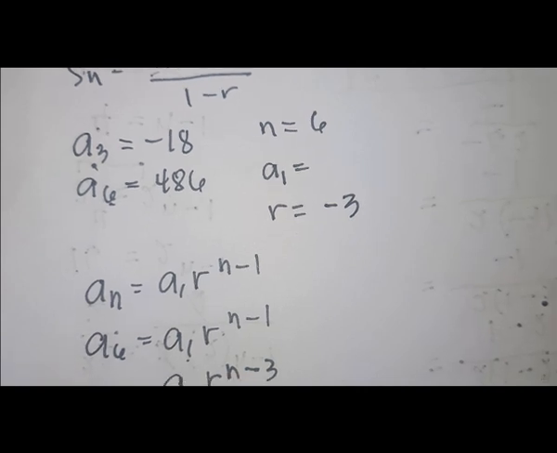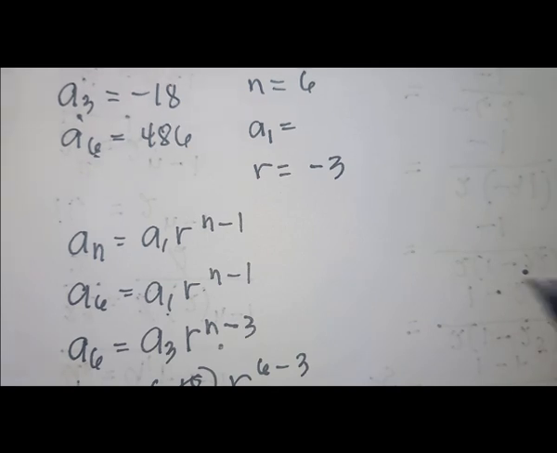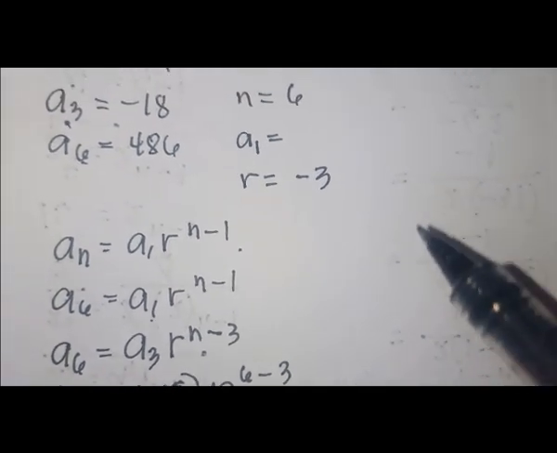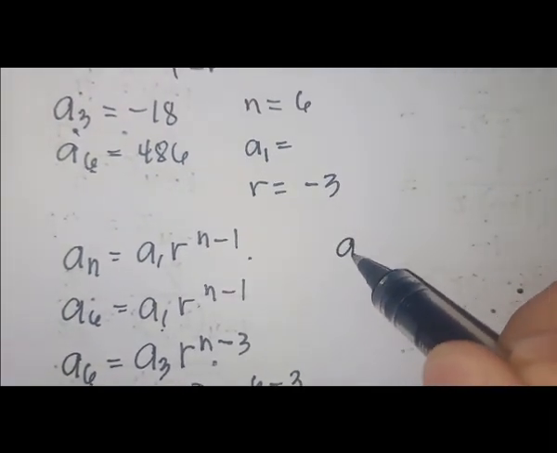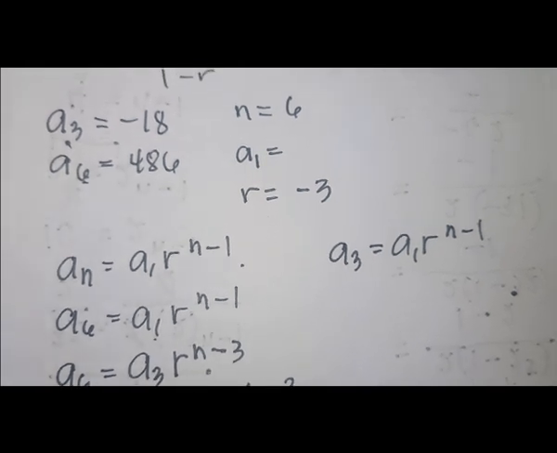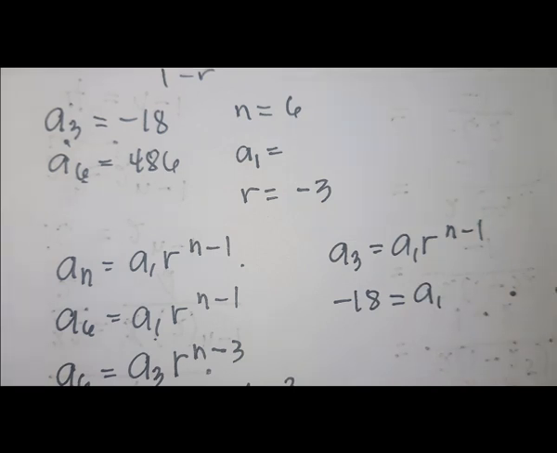So, kunin naman natin ngayon yung value ng ating a sub 1, using pa rin yung formula ng geometric sequence. Kahit anong gamitin natin sa dalawa, gamitin na lang natin yung a sub 3 para medyo mas maiksi yung computation natin. So, a sub 3 is equal to a sub 1 times r raised to n minus 1. Negative 18 equals a sub 1, which is unknown, times r, na negative 3, raised to 3 minus 1.